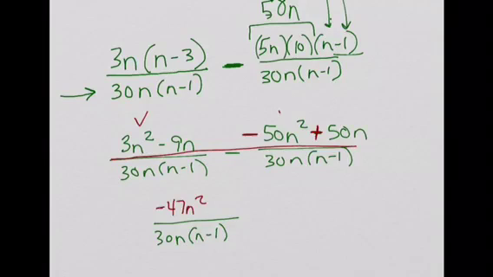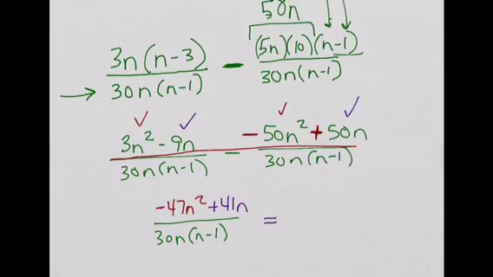That's these two terms put together, like terms. And then negative 9n plus 50n gives me plus 41n. Now I have one big fraction, and it just needs to be simplified.